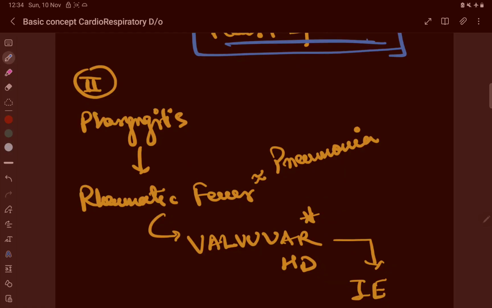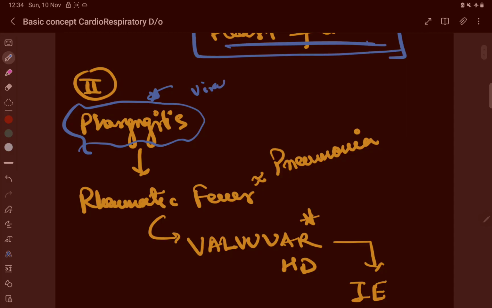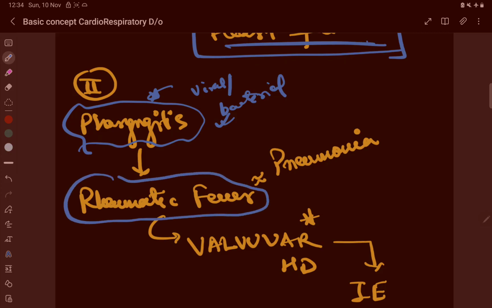I want to discuss is how pharyngitis, inflammation of the pharynx because of maybe a viral or a bacterial cause, maybe a fungal, but basically the bacterial cause leads to rheumatic fever, which may be nearly equivalent to pneumonia.